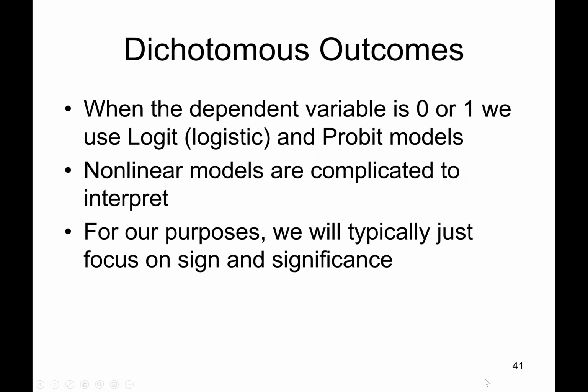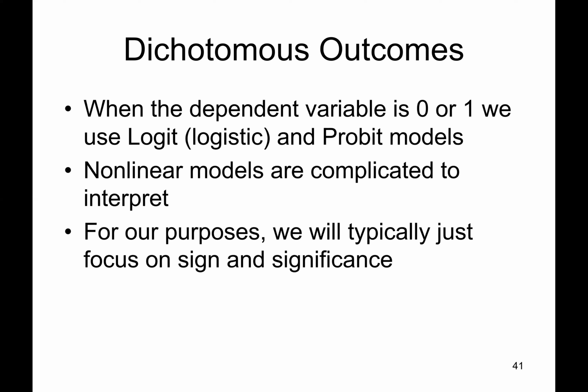So when the dependent variable is 0 or 1, as in the case of these dichotomous outcomes, we often use what are called logit or probit models, which are different from OLS models or linear regression, which I've been talking to you about. They have some different assumptions about the underlying distributions of variables.